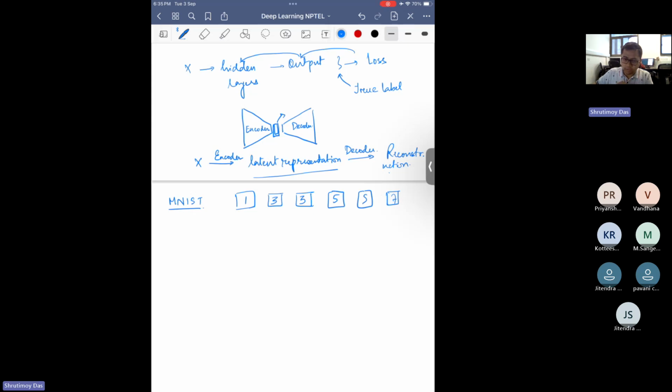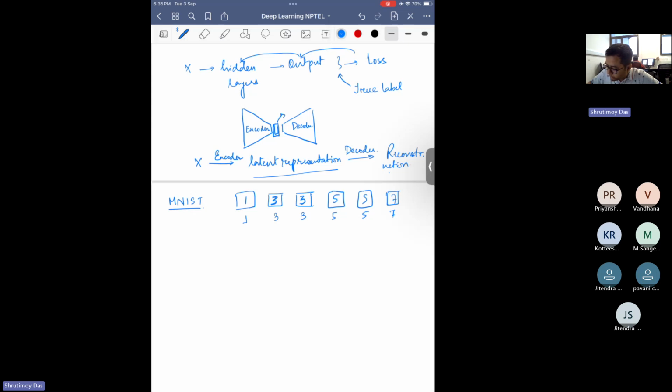Again, for us, it is easy to see this is 1, this is 3, this is 3, this is 5, 5, this is 7, right? But a neural network cannot directly distinguish, because if it learns that this is what a tree looks like, and then someone gives it a different type of tree, it will get confused, because those are two different images.